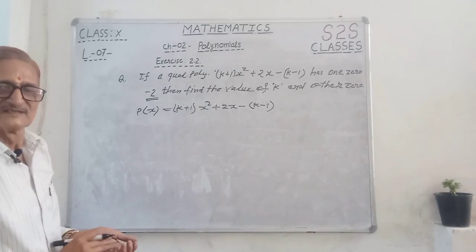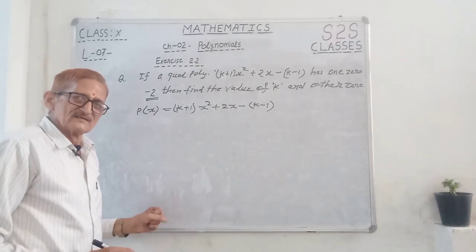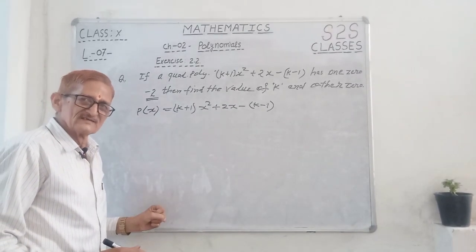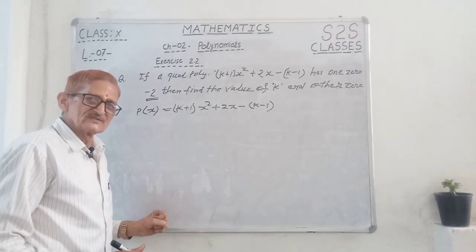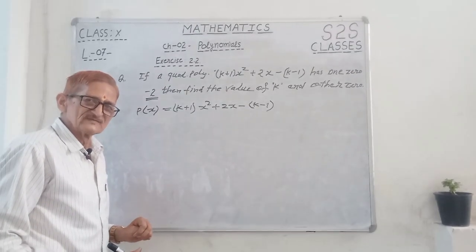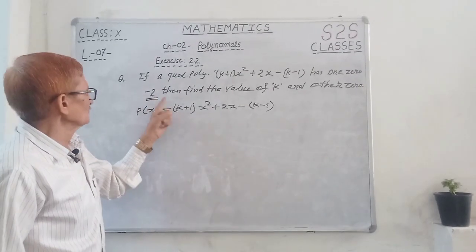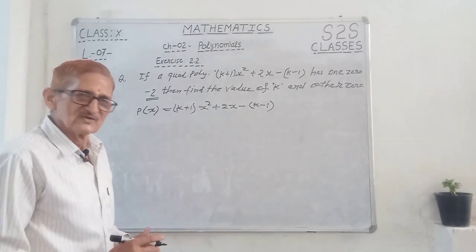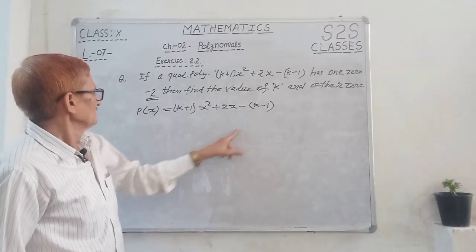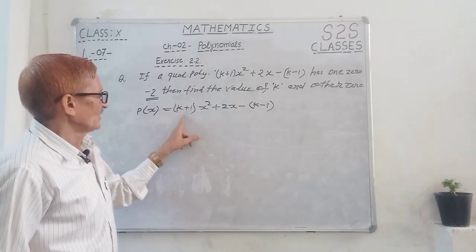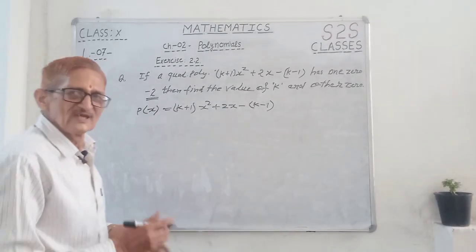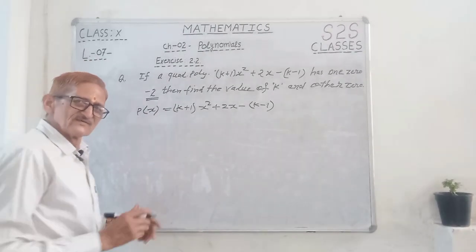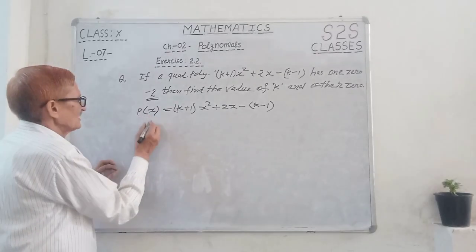Okay, this clear? So sum of zeros we can find from that also. Sum of zeros, -2 and alpha and beta unknown, is equal to c upon a, but this is unknown, so we have to use the standard method where polynomial is 0.